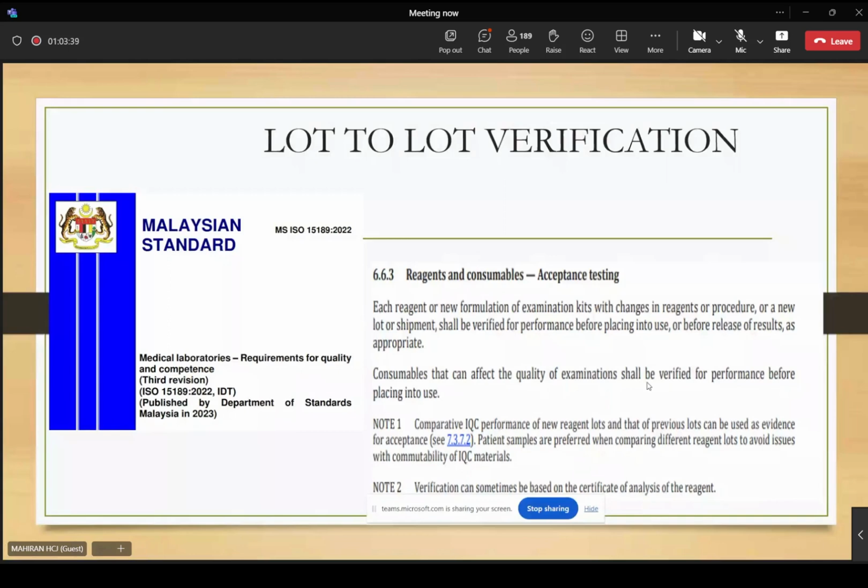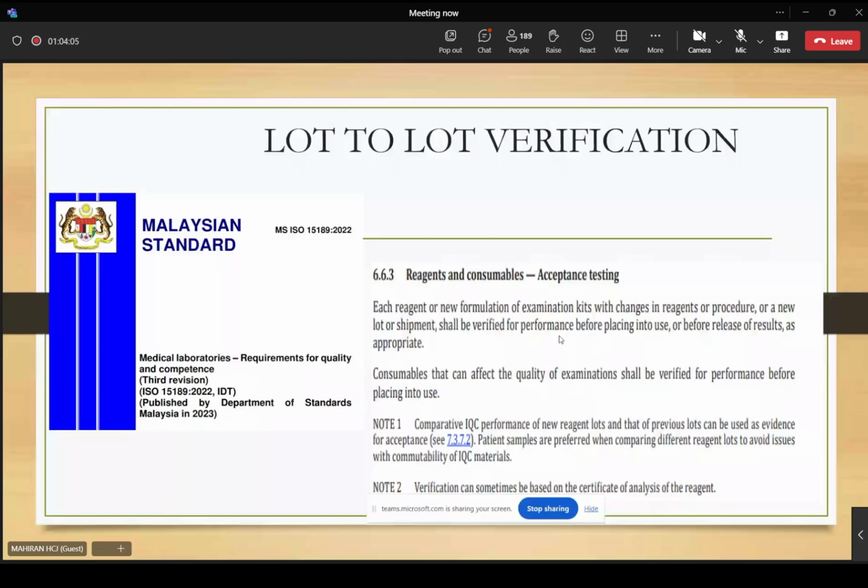So kenapa pentingnya kita menjalankan lot to lot verification? So dalam ISO 15189 2022 pun dah mention lah, untuk each reagent or new formulation of examination kit with changes in reagent or procedure or new lot or shipment shall be verified for performance before placing into use or before release the results.